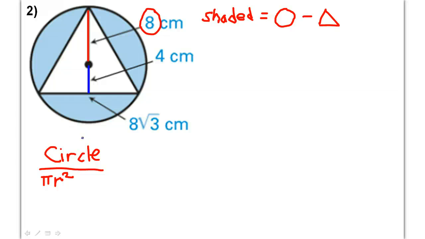Right, the blue doesn't get all the way to the edge of the circle, but the red does. So can everybody see that 8 is going to be the radius? If we put that into the formula, that's going to give us our 64 pi. So that's the area of the circle.